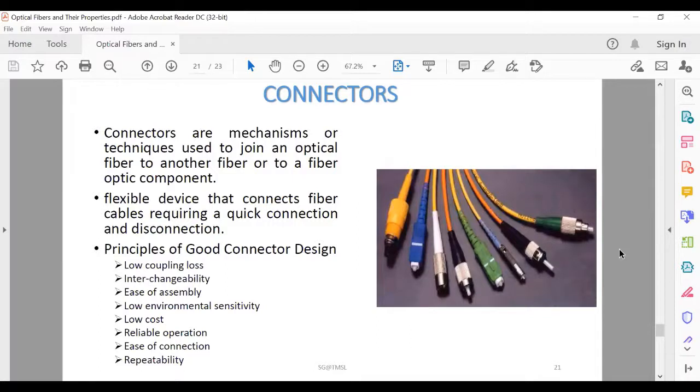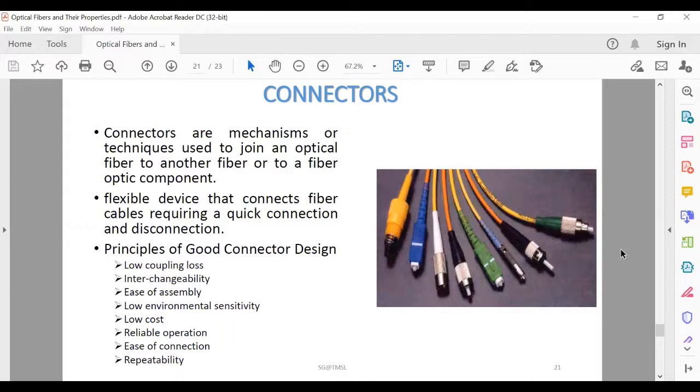So, optical fiber connectors. Connectors are mechanisms or techniques used to join an optical fiber to another fiber or to a fiber optic component. They terminate the end of an optical fiber and enable quicker connection as well as disconnection.